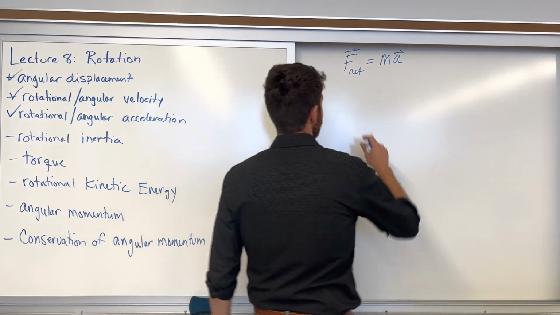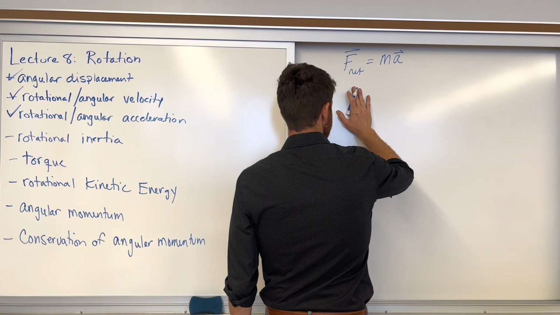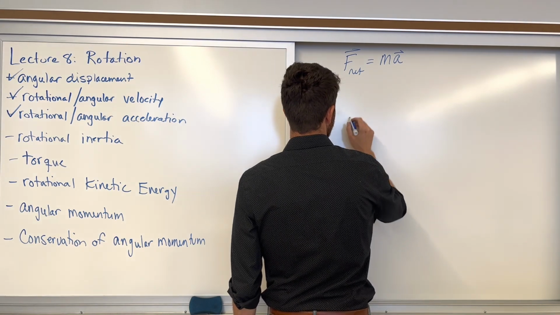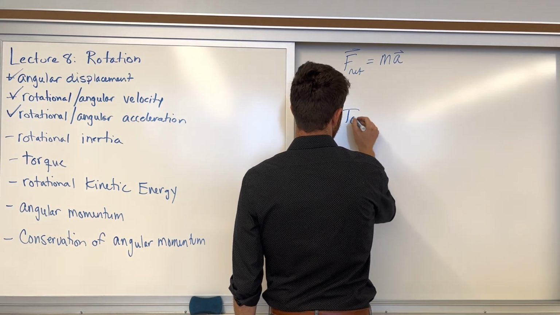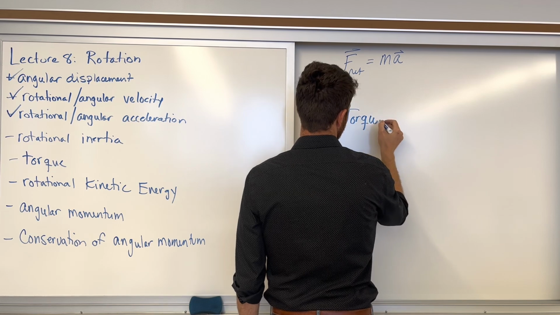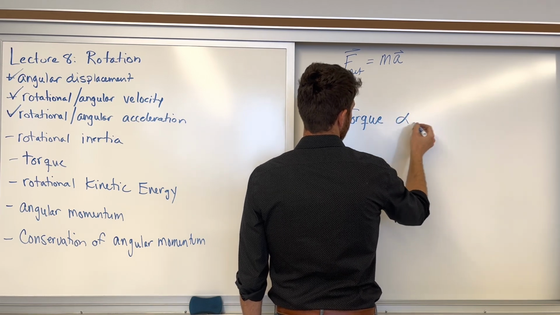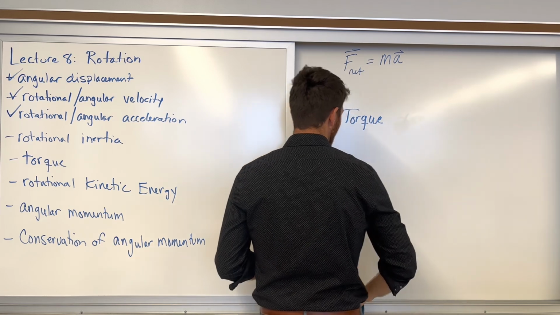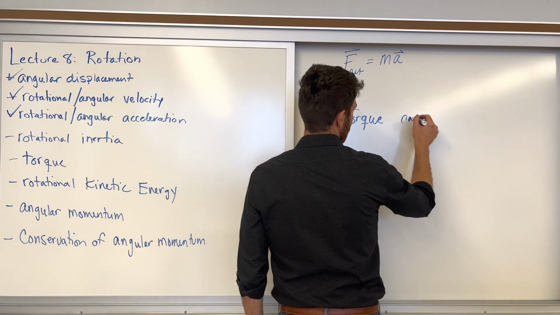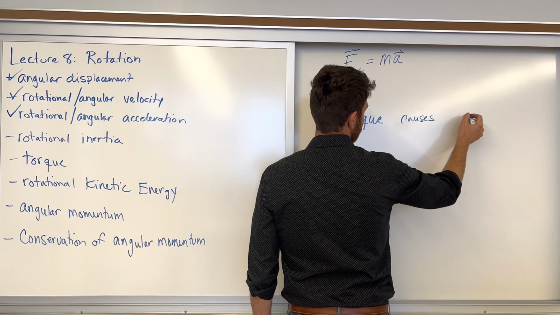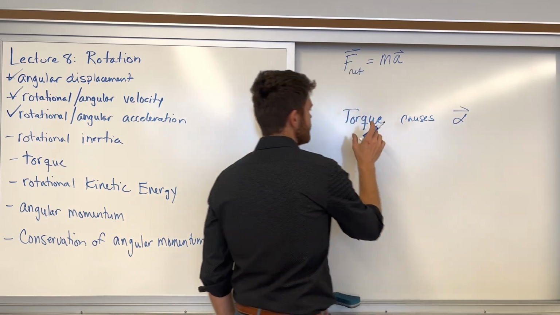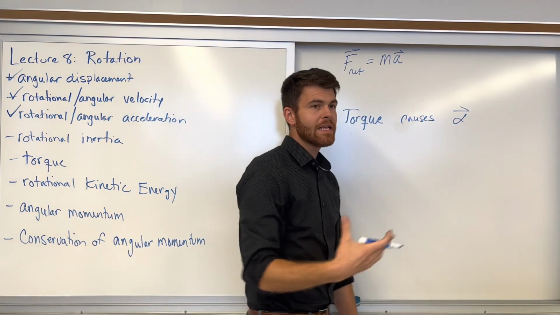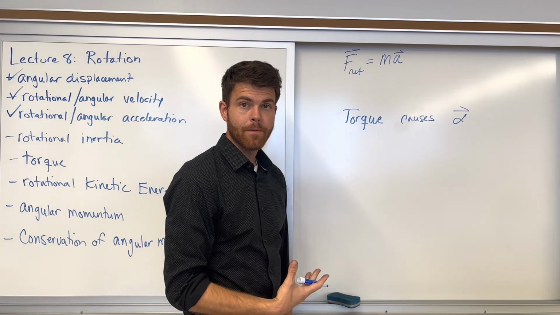So we need a torque. Oh, I can't use the proportional sign because that's the same as a torque causes alpha. So torque is analogous to force, but in rotation.